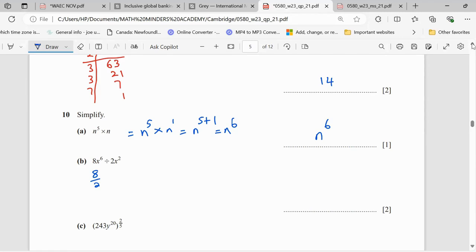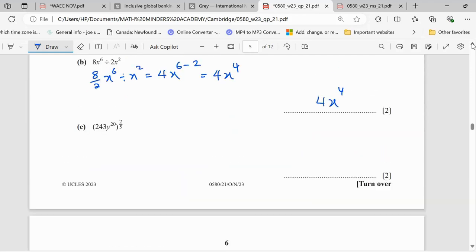So what we now have here is 8 x divided by 2 s, with s raised to power 6 divided by s raised to power 2. 8 over 2 is 4. So we have 4 s raised to power 6 minus 2, applying the rule of indices. So this is 4s raised to power 4.